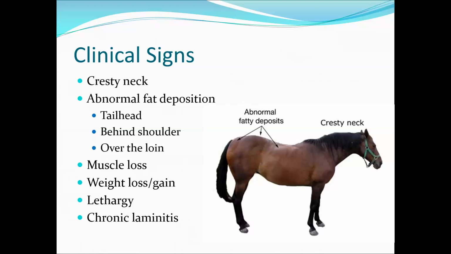And sometimes it's a matter of they're skinny over their ribs, but fat over these pocketed areas. So they can be a little bit deceiving. All right, lethargy. Most of the time, these ponies are not very athletic and they're tired all the time. They don't want to move forward. And that can just be from their metabolic disease. But certainly if they're developing some degree of laminitis, they tend to not want to move forward as well.